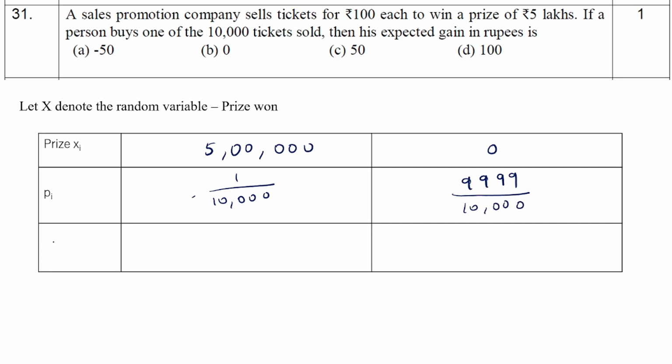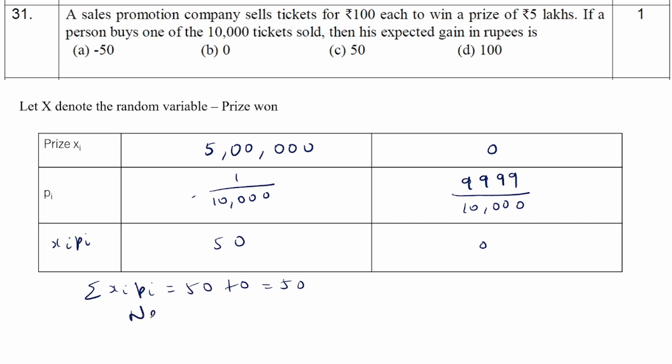Now let us find x_i p_i for this. So here x_i p_i will be 50, and here it is 0. So summation x_i p_i is equal to 50 plus 0, or it is equal to 50.